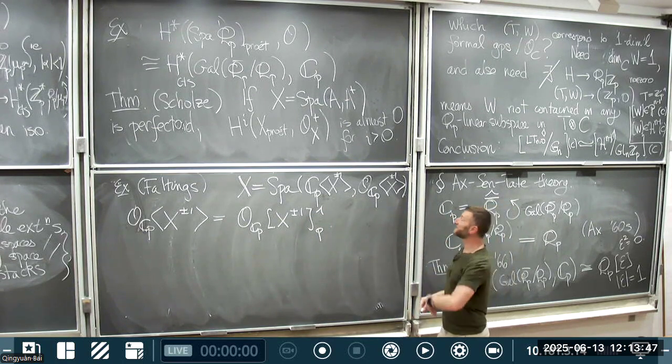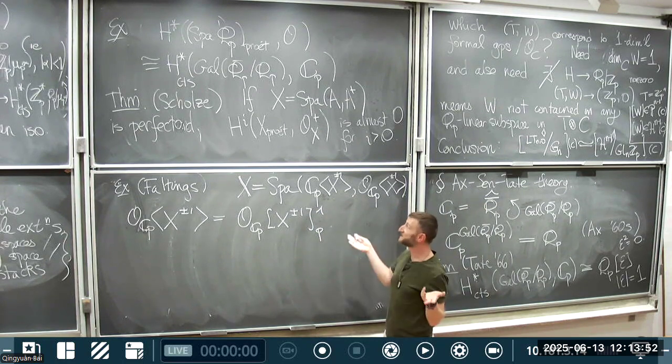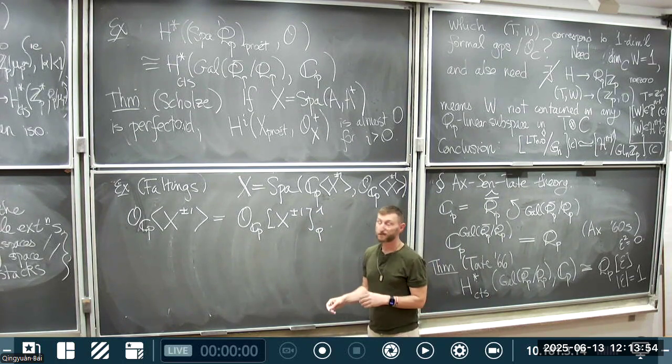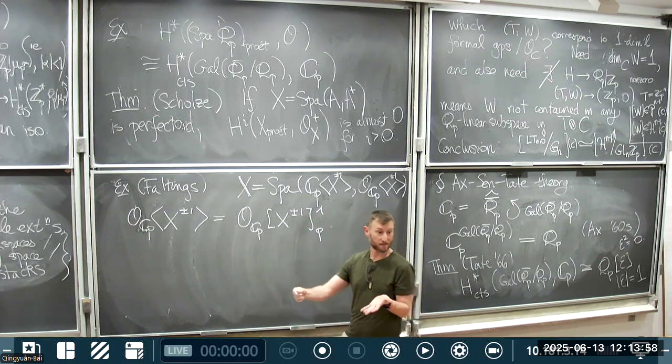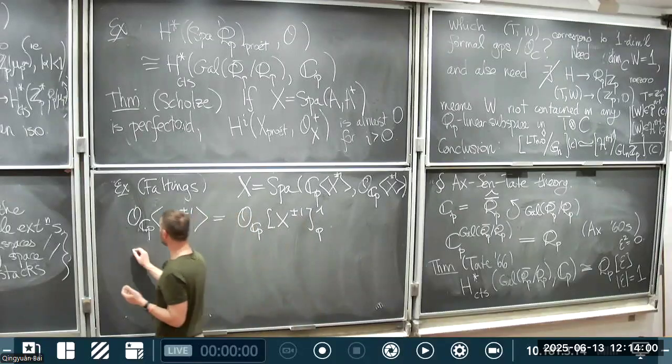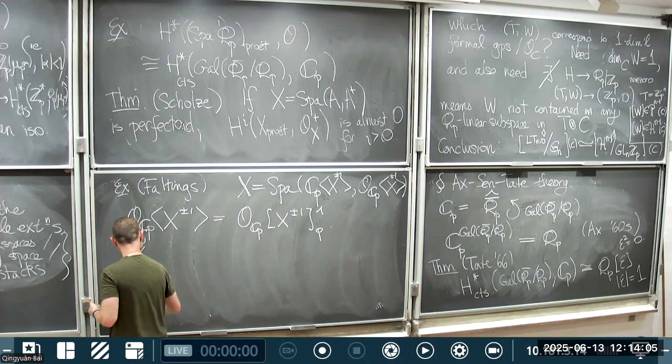So this is an example of an affinoid adic space. What's its pro-étale cohomology? So the strategy would be to find some perfectoid cover. And there's an answer that suggests itself: how about X tilde mapping to X?